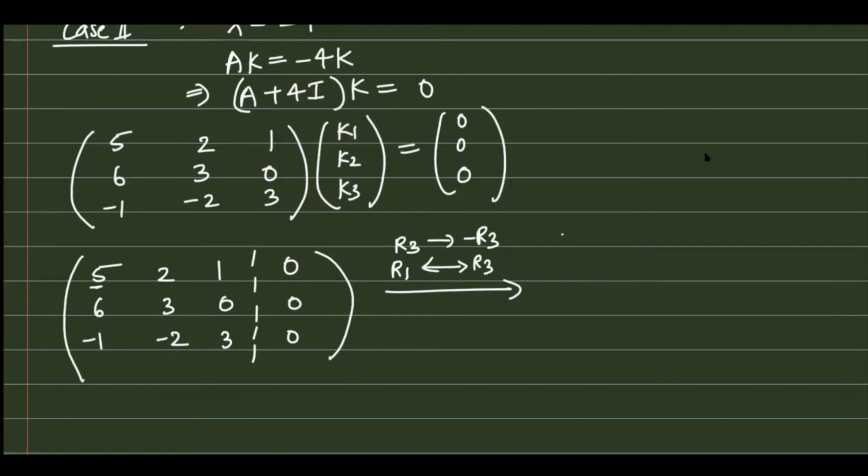So the computations will be easy. So now the matrix becomes 1, 2, minus 3, 0. R2 there is no change, so 6, 3, 0, 0. And R3 is our old R1, so 5, 2, 1, 0.